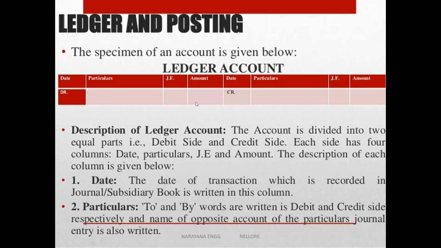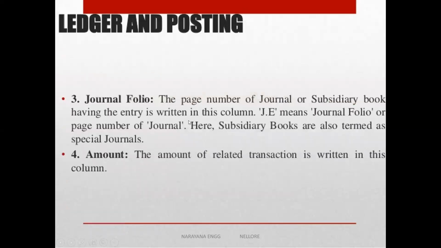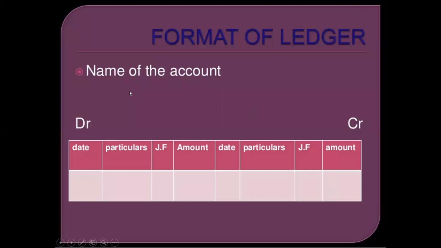So this is the format of the ledger account. It has a T-shaped format: date, particulars, journal folio, amount on both sides. The left hand side is the debit side and the right hand side is the credit side. You can note down this format of ledger.